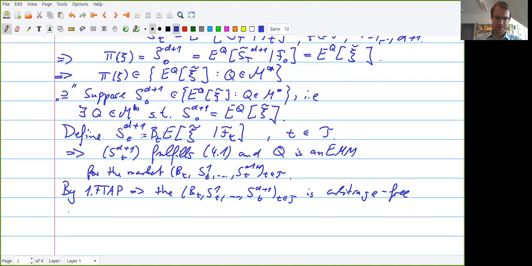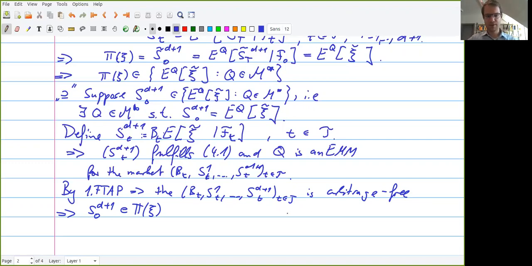In other words, this E plus 1 times 0 is indeed an arbitrage-free price. Okay, so it was not too hard.